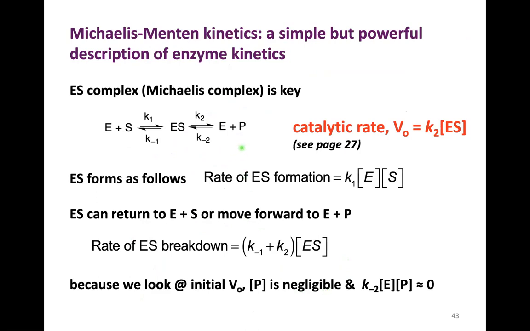So we don't need to consider P going back to the Michaelis complex ES with the rate constant of K minus 2. So that is equal to 0. That is one assumption for the Michaelis model.